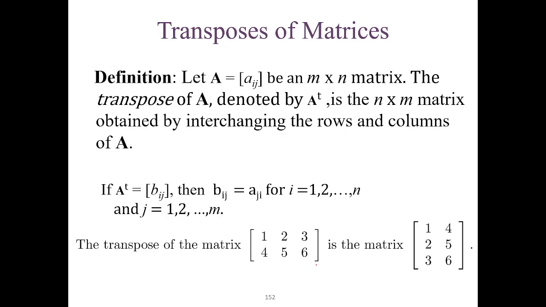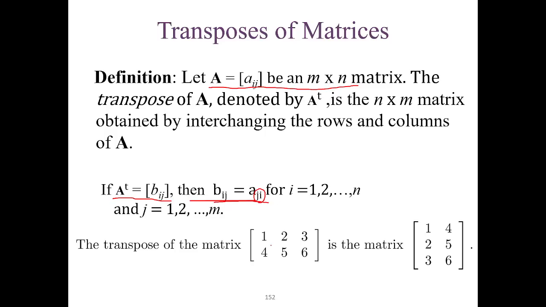Next, let's see the definition of the transpose of a matrix. If A is defined by Aij as an n by n matrix, then for the transpose of A, we change the rows and columns of A. For example, the transpose of A will be Bij, where the entry Bij equals Aji. Just switch the index of row and column, and then it will be a transpose matrix.